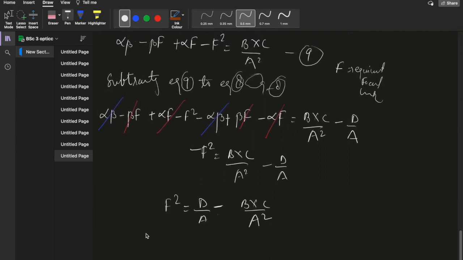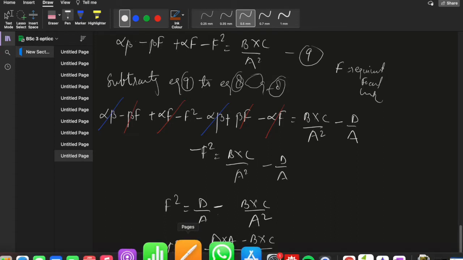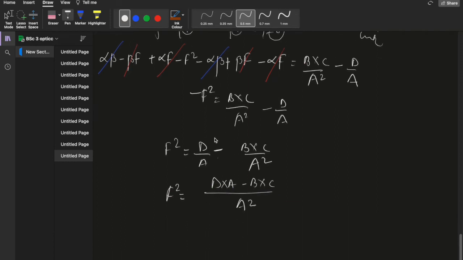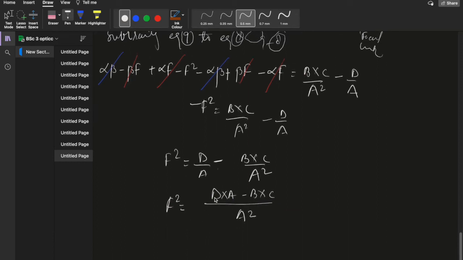On taking the LCM we will get capital F square becomes d multiplied by a minus b cross c upon a square. So now we only have to put the values of d, a, b and c.